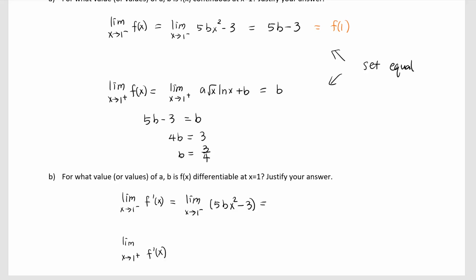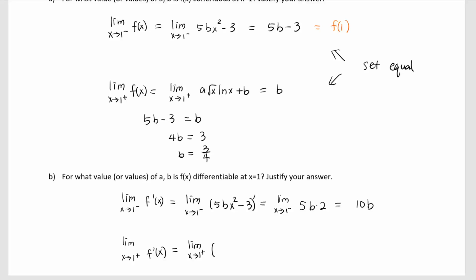Well, 5b stays there. And then the derivative of x squared is 2x. Derivative of 3 is 0. So we get 10b.